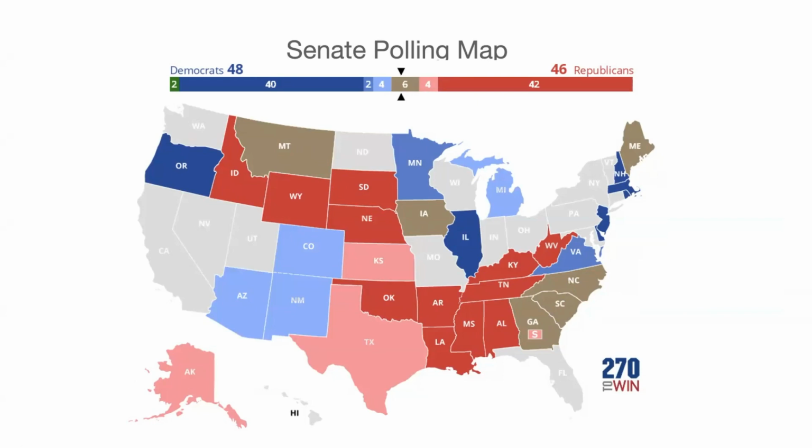In order to retain control of the Senate, they're going to need to also take either North Carolina or Maine to have 51 seats. Because when there is a 50-50 tie in a vote in the Senate, the vice president is the one who breaks the tie with his vote.